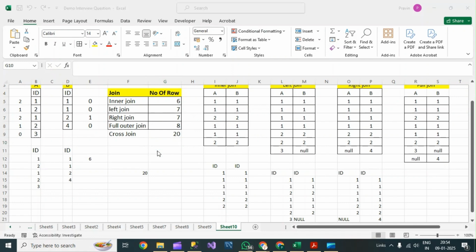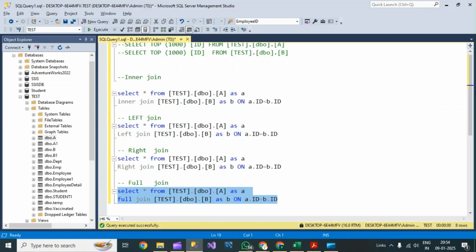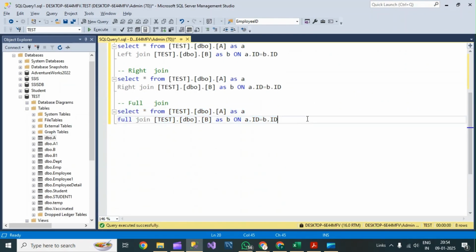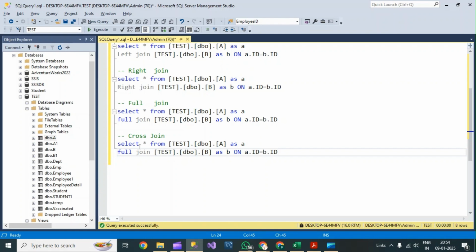Okay, and the last one is the cross join, right? How can we write a query for the cross join?